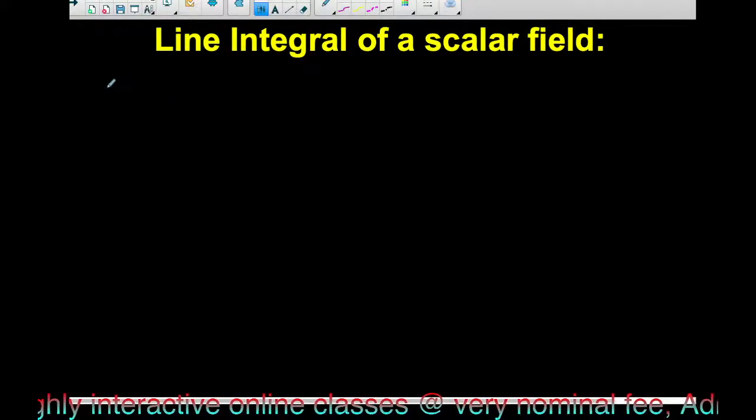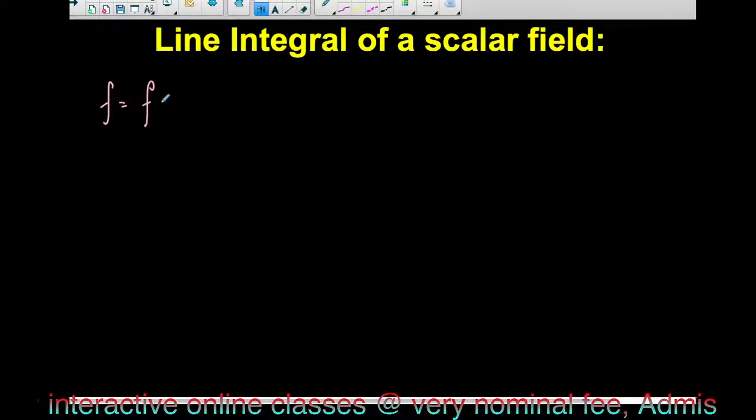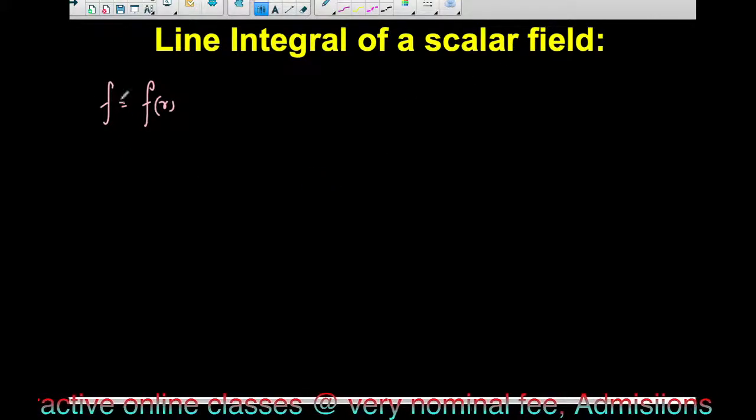So let's say any function f is equal to f of r. That is a scalar field.